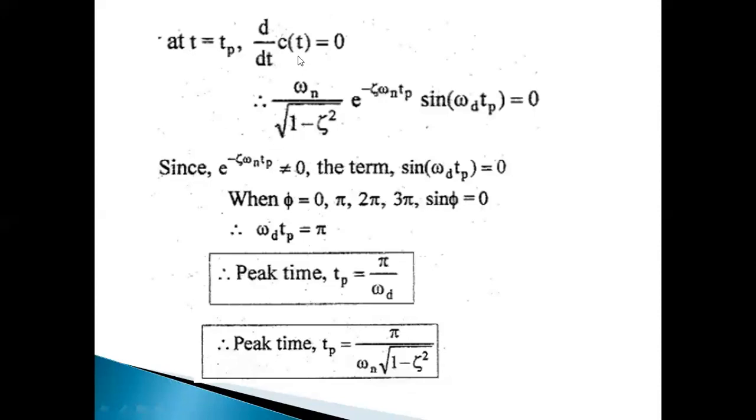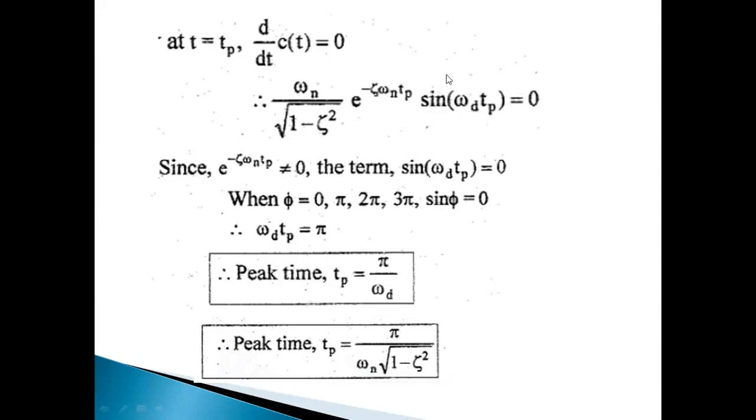So t is equal to tp time. If we equate it to 0, this part cannot be equal to 0. Only sine omega d tp is equal to 0. The other terms cannot be 0 because for an under-damped system, zeta cannot be 0, the frequency cannot be 0, and peak time cannot be 0.